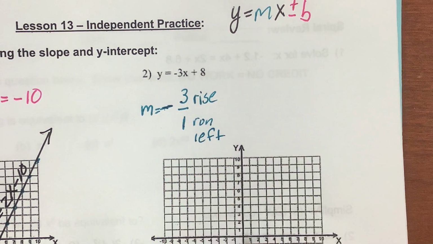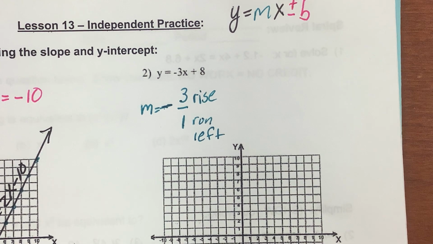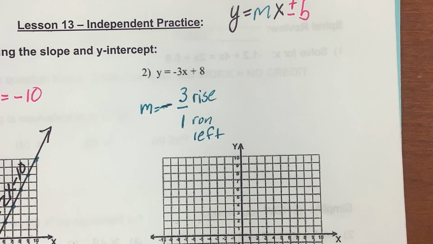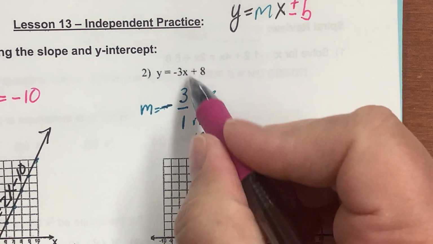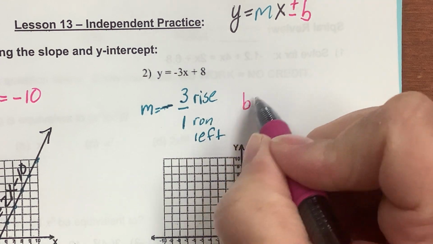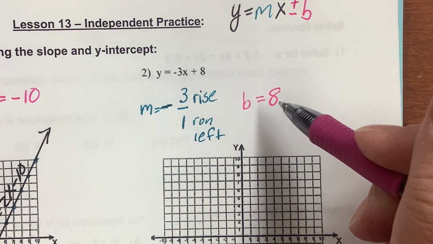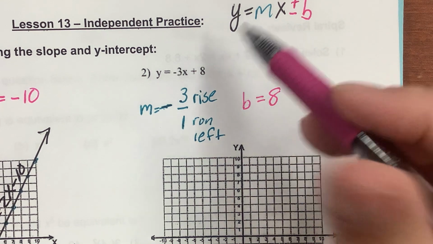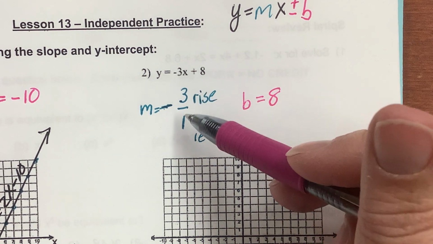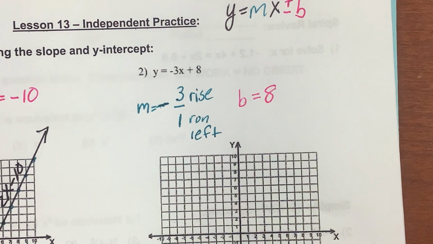because negative goes left. So now where do I start? Oh, at the back. The b equals 8. So I'm going to go to positive 8, and then I'm going to rise 3 and go left 1. So highlight the whole y line. Why?